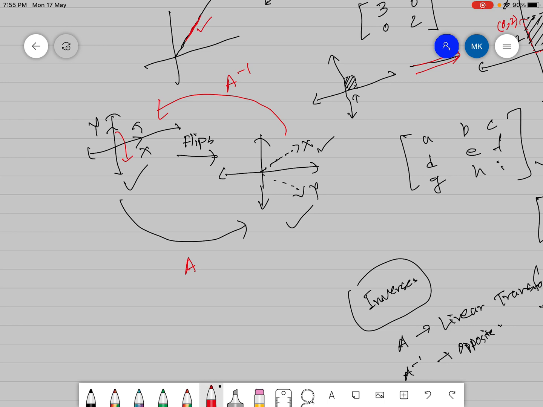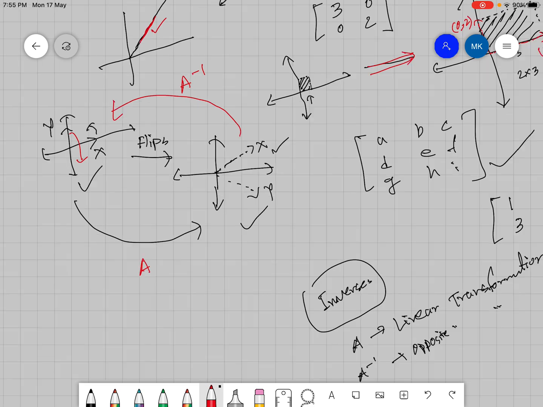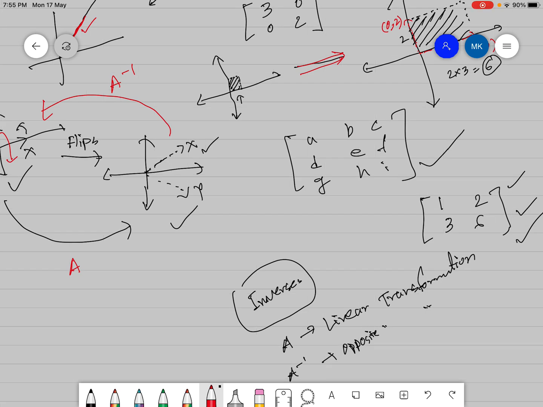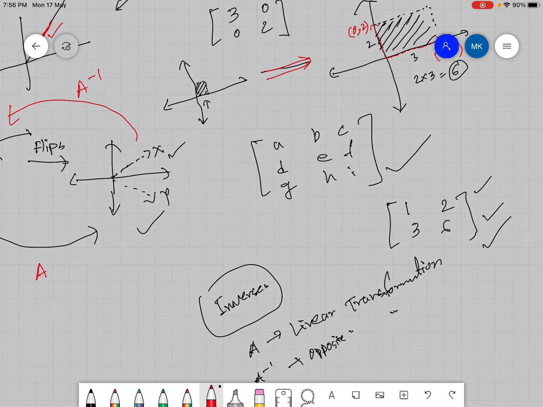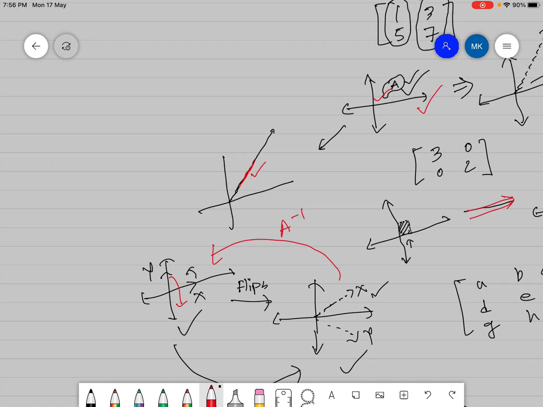A matrix with a zero determinant squeezes the space into a line, so inverses cannot take it back to its previous shape, right? If any matrix A has determinant 0, it squeezes the whole plane or space into a single line. Then the inverse cannot take it back to its previous shape because it cannot make anything out of 0.